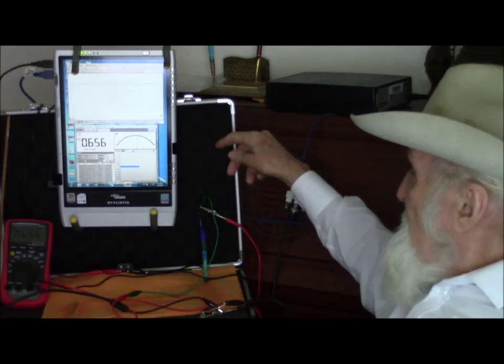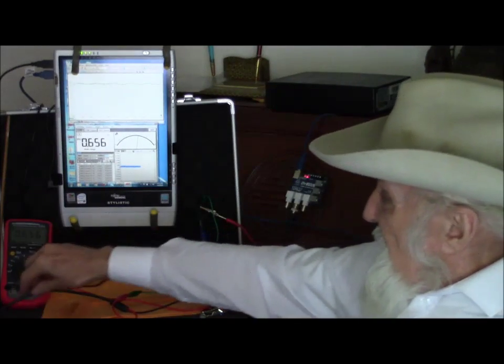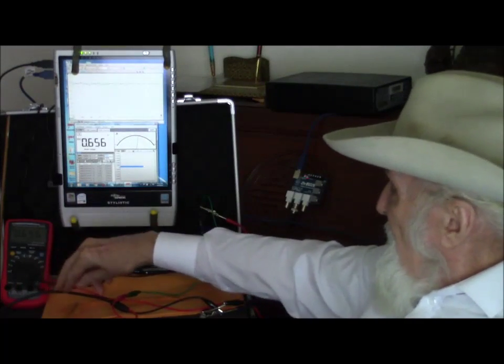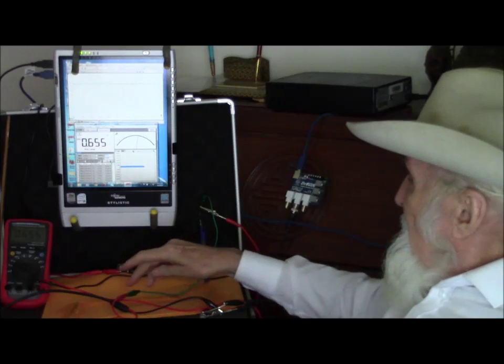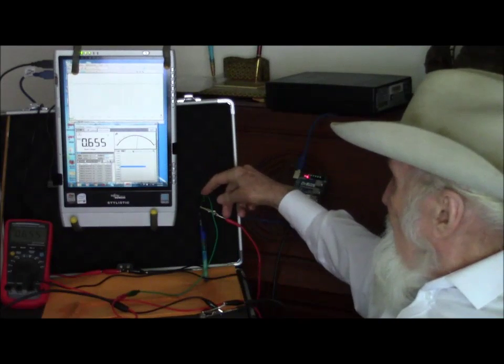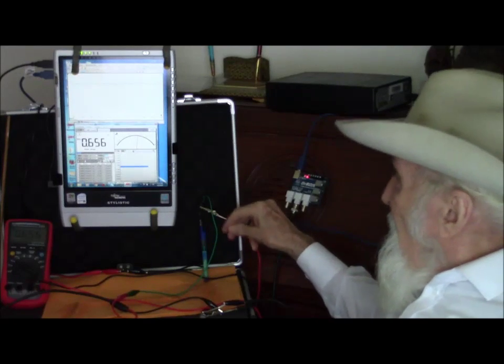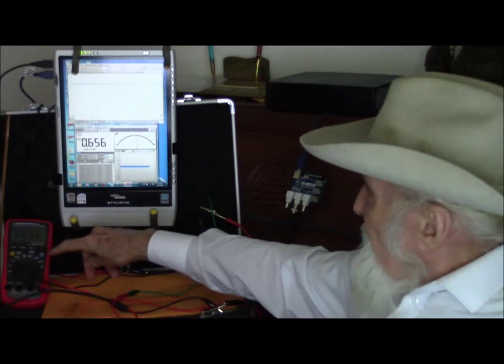I've connected the probe, which is this connection, from here through to here, and I've connected this via the green connection to the same contact point as the meter.